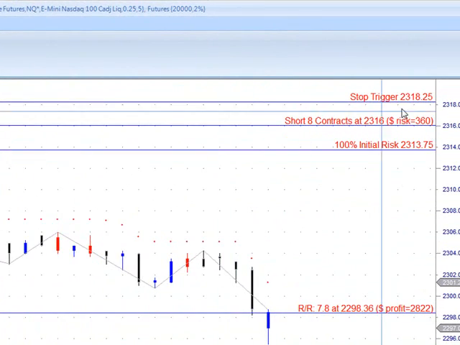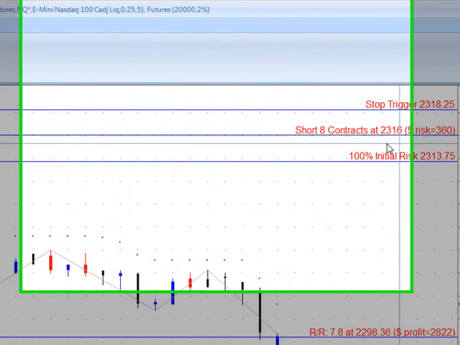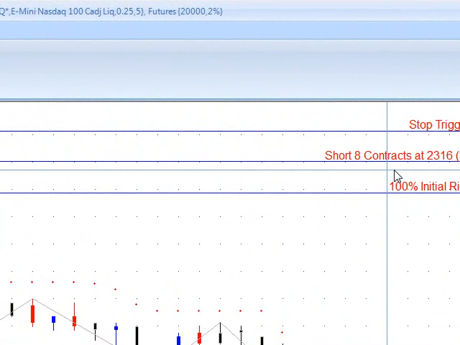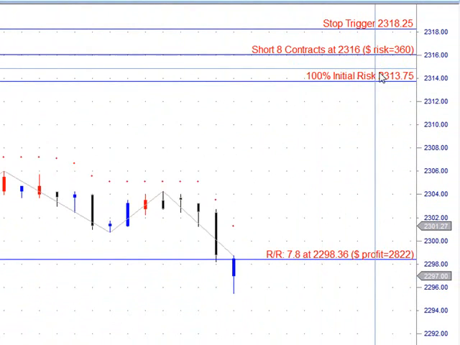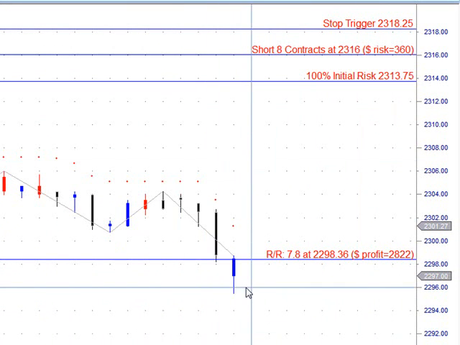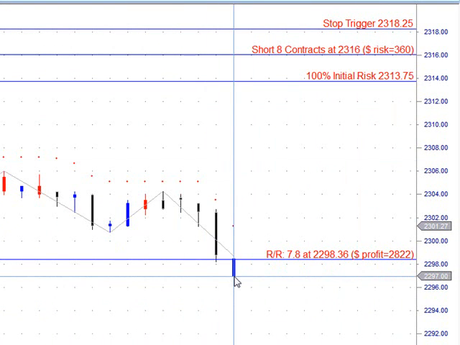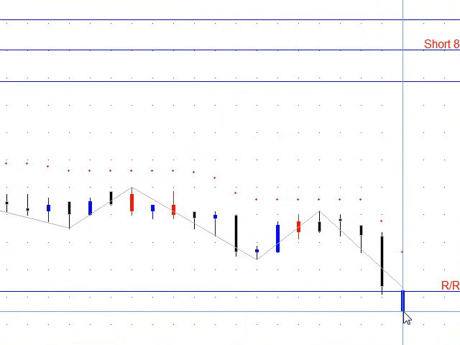So this is the key to trading, is keeping the risk small. That's the only thing that you can control in trading, is your risk, your position size, your risk reward, your initial risk. Once that's in check, it's just a matter of managing the trade at that point. And so I heard from some of you in the MTPredictor trading room who hit this one, and the Russell was another one.